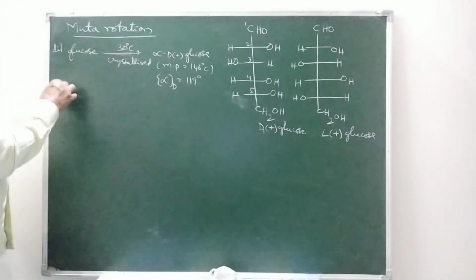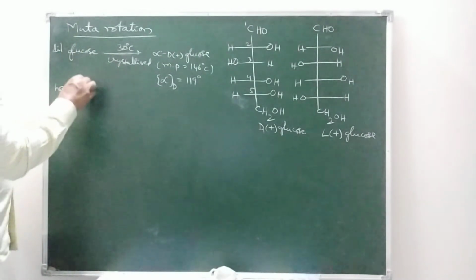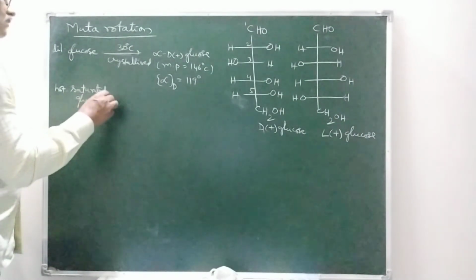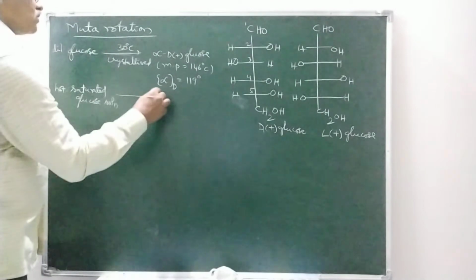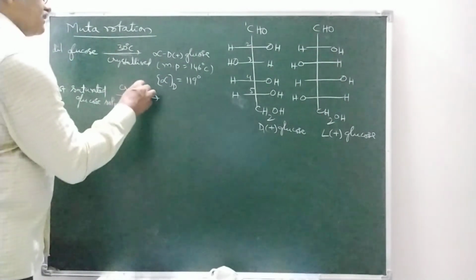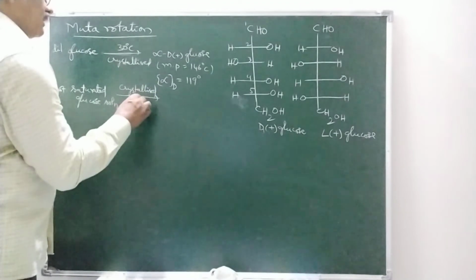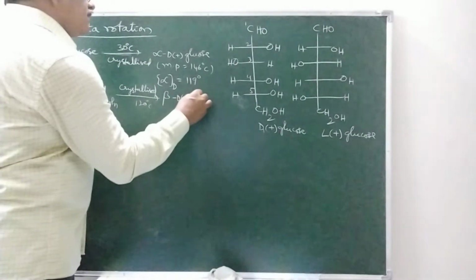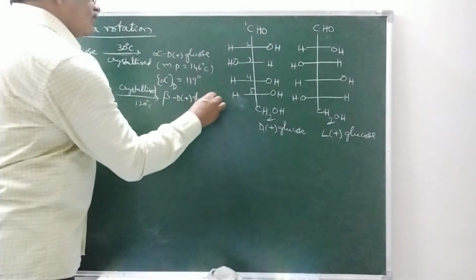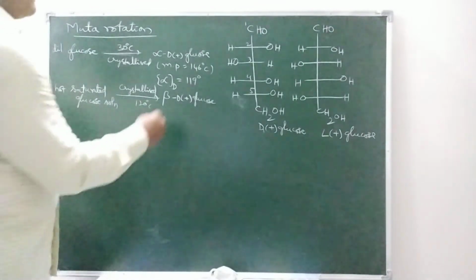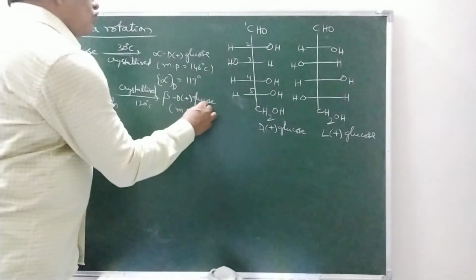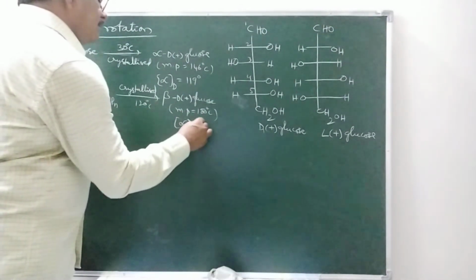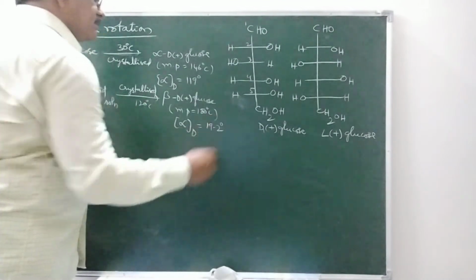Similarly, if a hot saturated glucose solution is crystallized at 120 degrees Celsius, then beta D plus glucose is formed, whose melting point is 150 degrees Celsius and whose alpha D is 19.2 degrees.